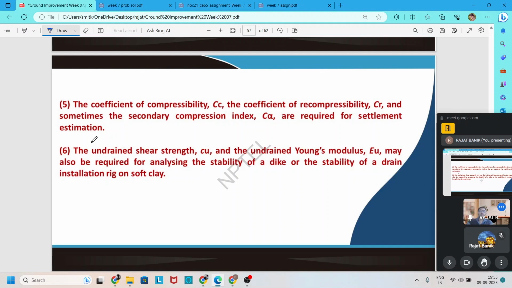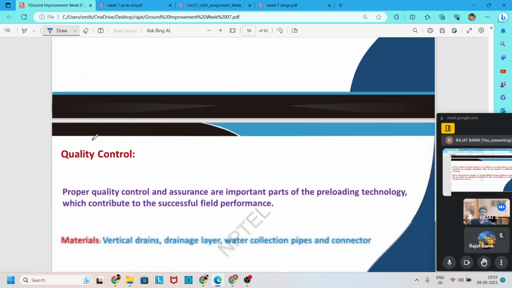And also find out the Young's modulus of the soil. Like that, all the soil parameters we need to find out before and after, or during the construction, or during this improvement technique, the pre-consolidation technique.